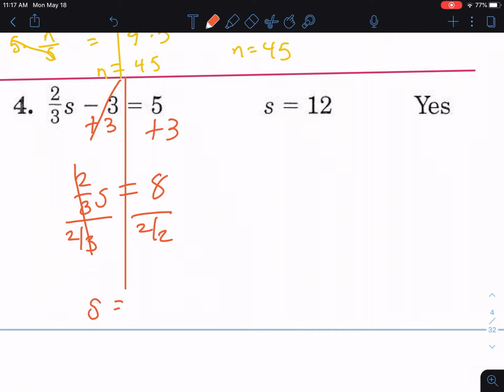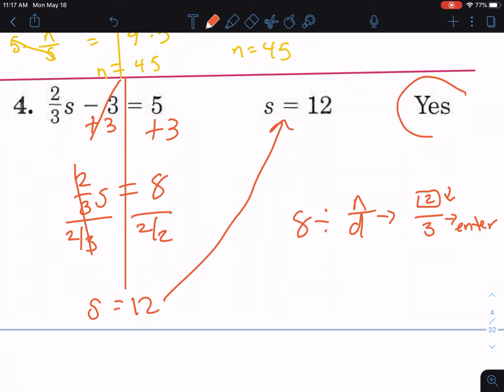If you don't remember, you're going to do 8 and then the division sign, and then hit n over d. And then in those boxes, you're going to do 2, and then the down arrow, 3, and hit enter. After you do all of that, you should get s equals 12, which is the same as that, and this is a yes. And there you go. Two-step equations.